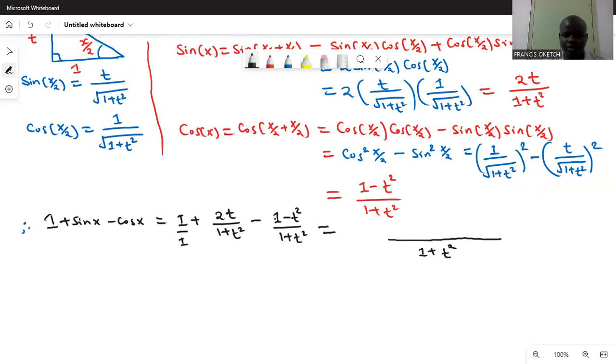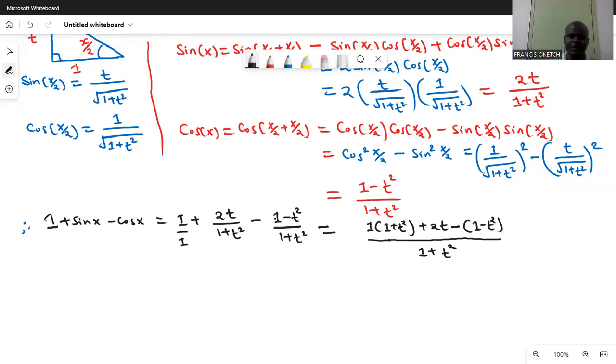So 1 will go into the LCM, 1 plus t squared times 1. So we'll have 1 times 1 plus t squared, then plus 2t minus 1 minus t squared.